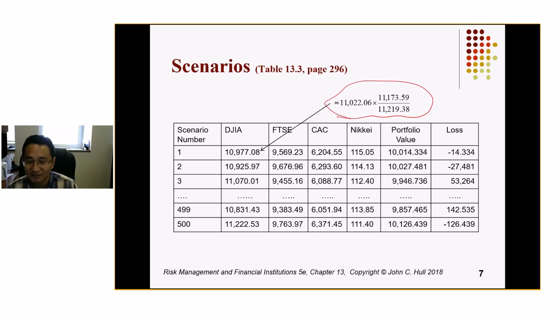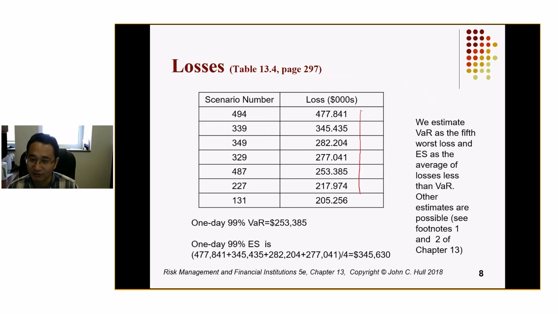Again, it makes no sense a lot of times, but it's called a scenario, right? Now it does give you the loss number, so it gives you an idea of how much you can lose in general if the history repeats itself exactly. Then you can just rank them from the worst to the gains. Then you can count the 99% VaR and then expected shortfall.